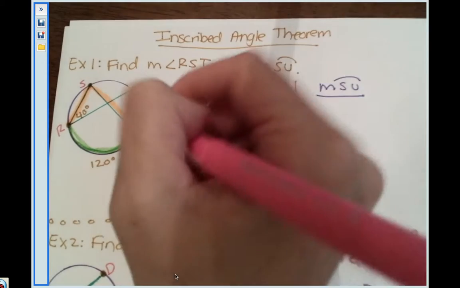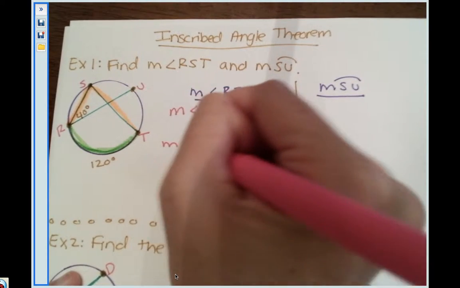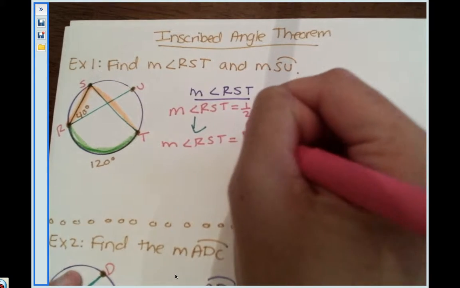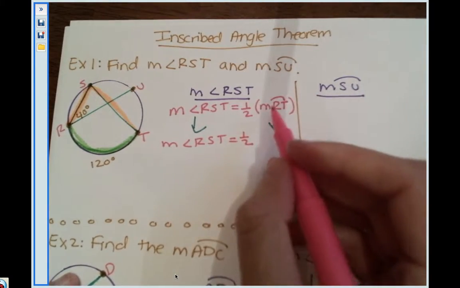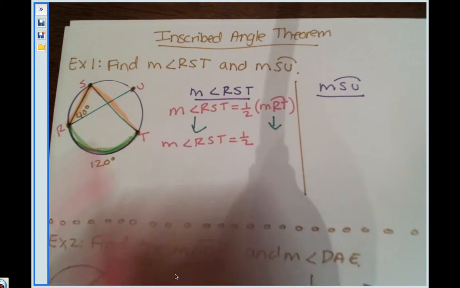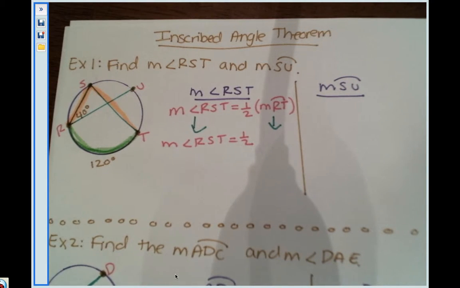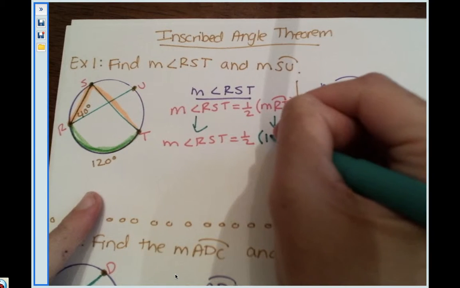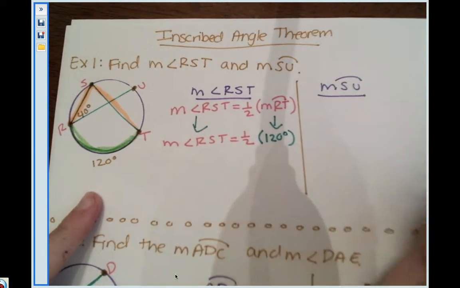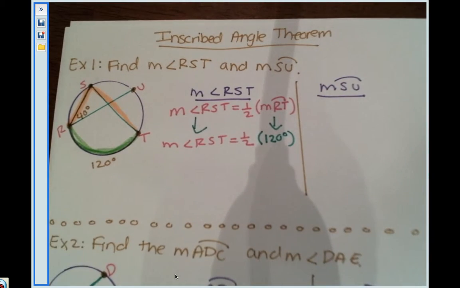So the measure of angle RST equals 1/2 the measure of arc RT. The measure of arc RT is 120, so it's 1/2 times 120, or half of 120.